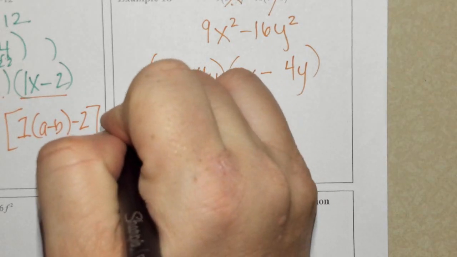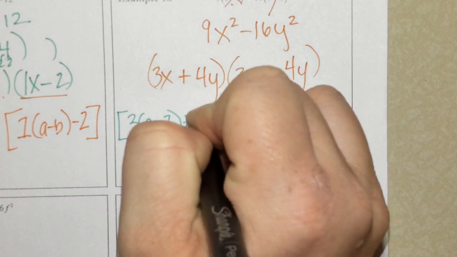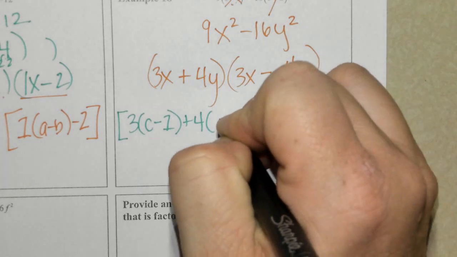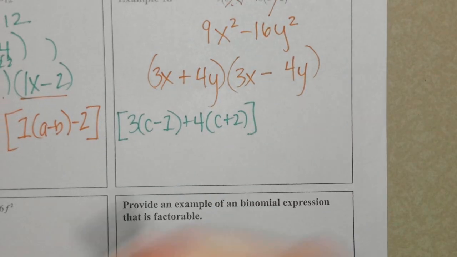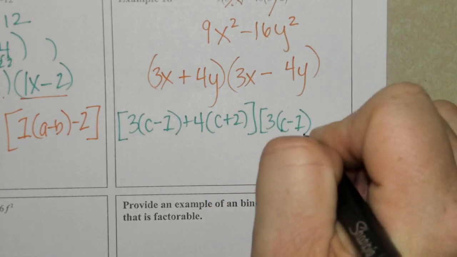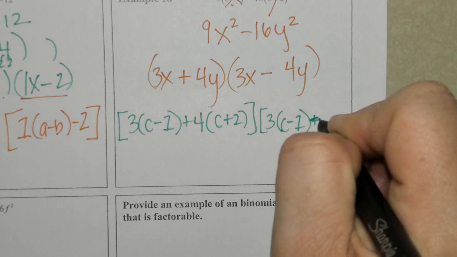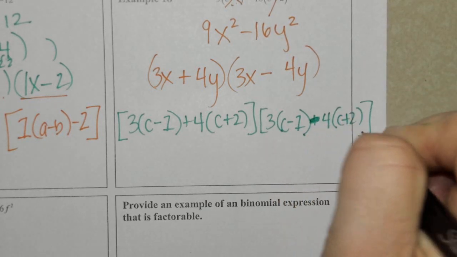Okay, so I'm going to go through it slowly. 3 times c minus 1 plus 4 times not y but c plus 2. That's my first parenthesis. Then 3 times not x, c minus 1, minus 4 times c plus 2.